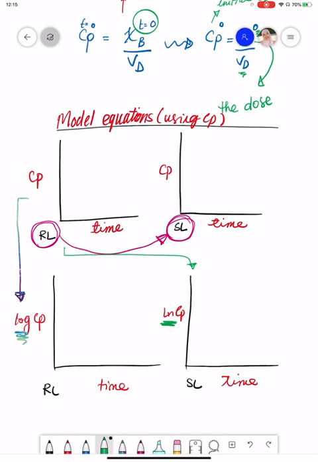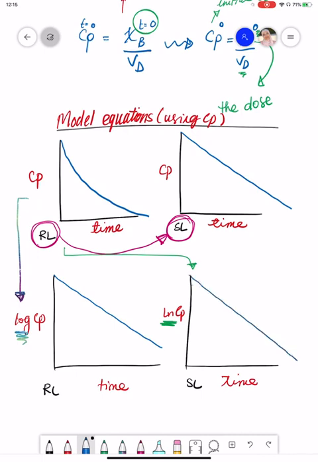So let's draw it for each one of them. I have the first one, which is the exponential, because it's on rectilinear. This one is semilog, so it will seem visually linear to us. This log transformation will be linear, and this ln transformation will be linear.